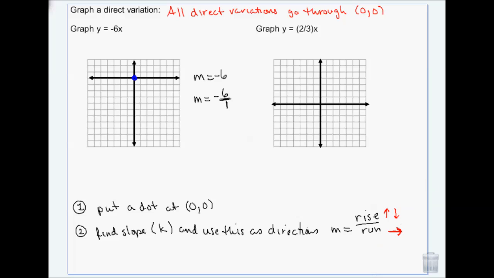If m is positive, you're going to move up the number of spaces in the numerator. And if it's negative, you're going to move down.